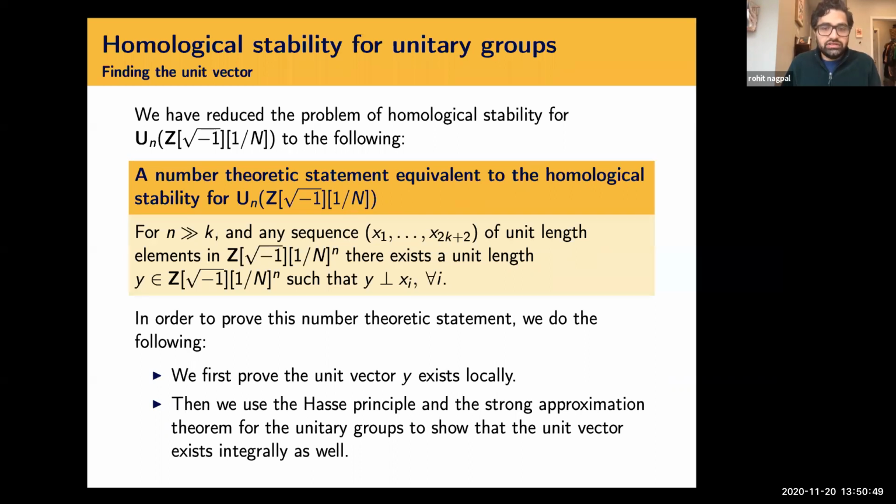First, you construct y locally for each localization, and then you patch them up using the Hasse principle and the strong approximation theorem. And that basically proves that X_n is highly acyclic, and we get homological stability for this unitary group, right?